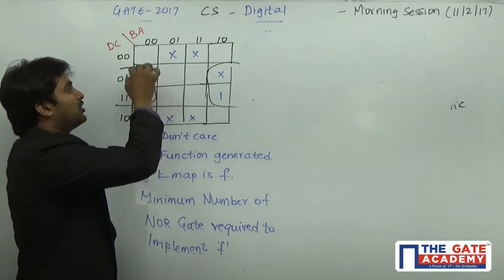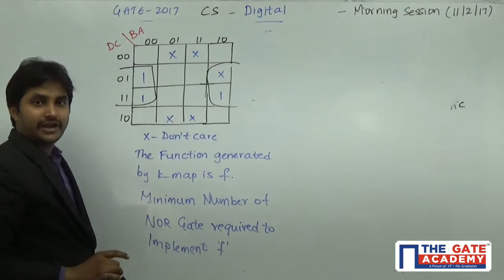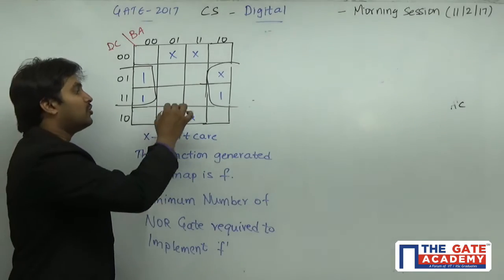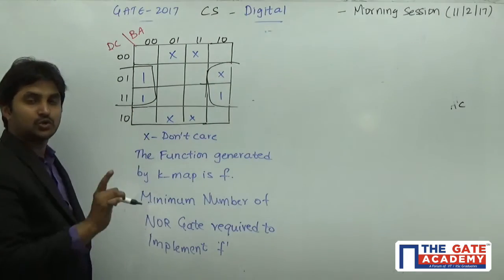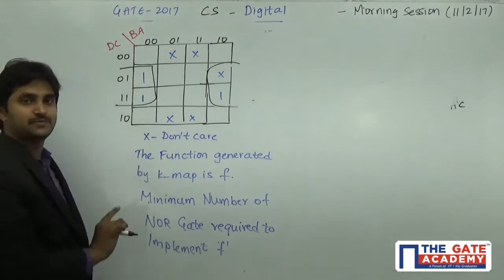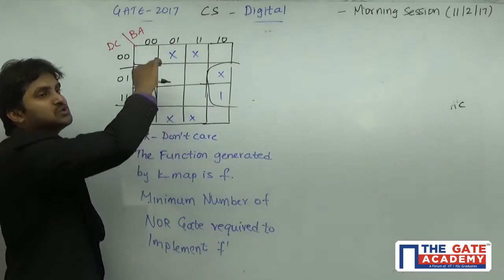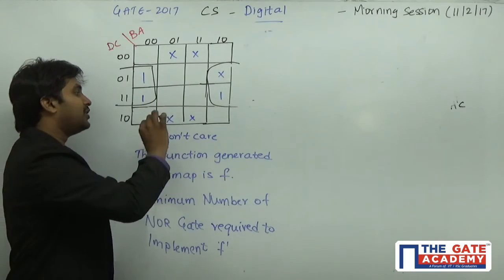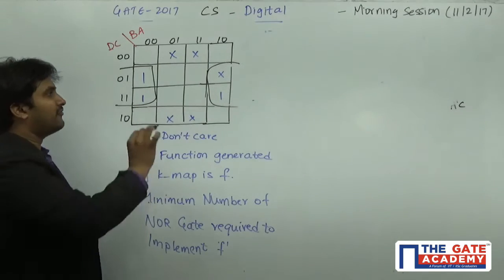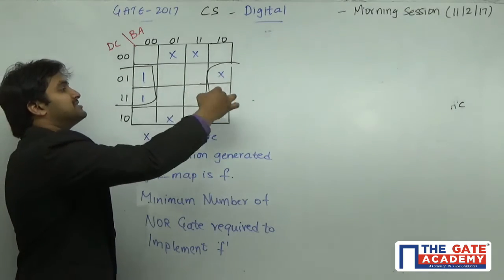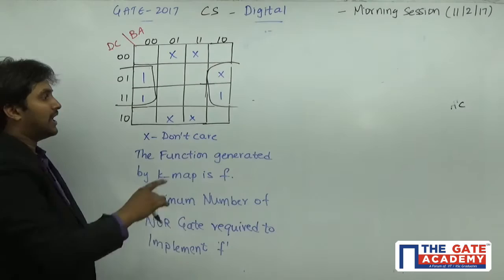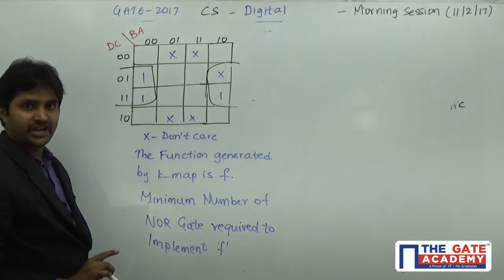Because this is not useful to make an 8 group, we are not going to use only don't cares. Don't cares can be used along with ones, but don't cares cannot be used individually. Then there is no meaning of using don't cares. So finally the group that I can form is nothing but a quad group. I cannot use these ones individually.